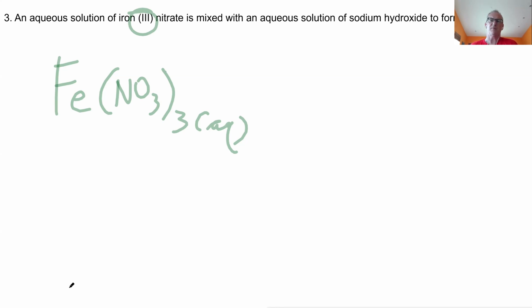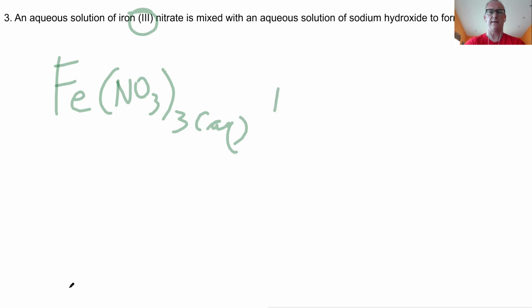So when we say aqueous, we're talking about water. Why don't we put H2O? Because it comes from Latin, aqua. Okay. So that's where it comes from. So that's one of our reactants.